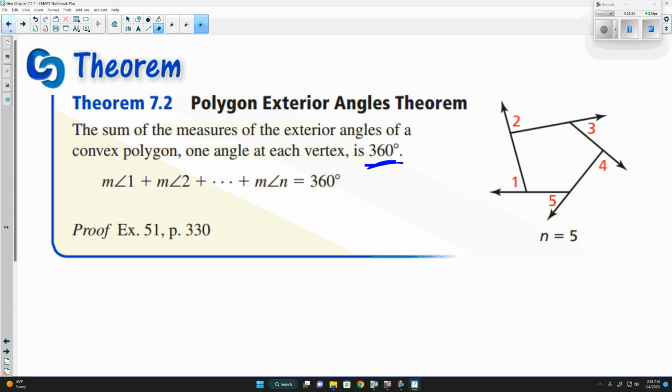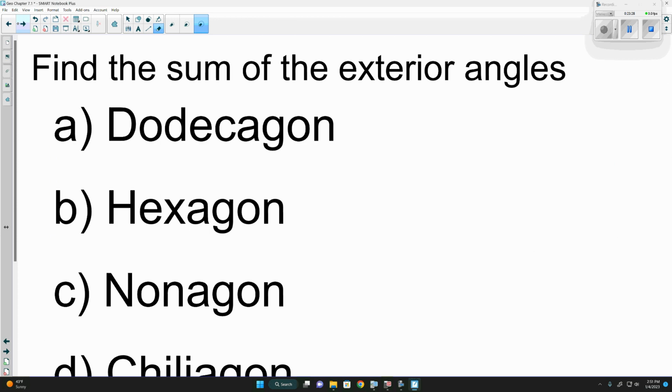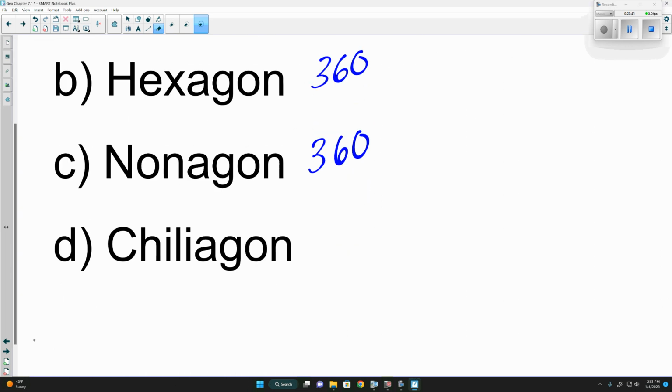Sum of the exterior angles is? How about a hexagon? How about a nonagon? Chiliagon? I think it's 1000. But does it matter?